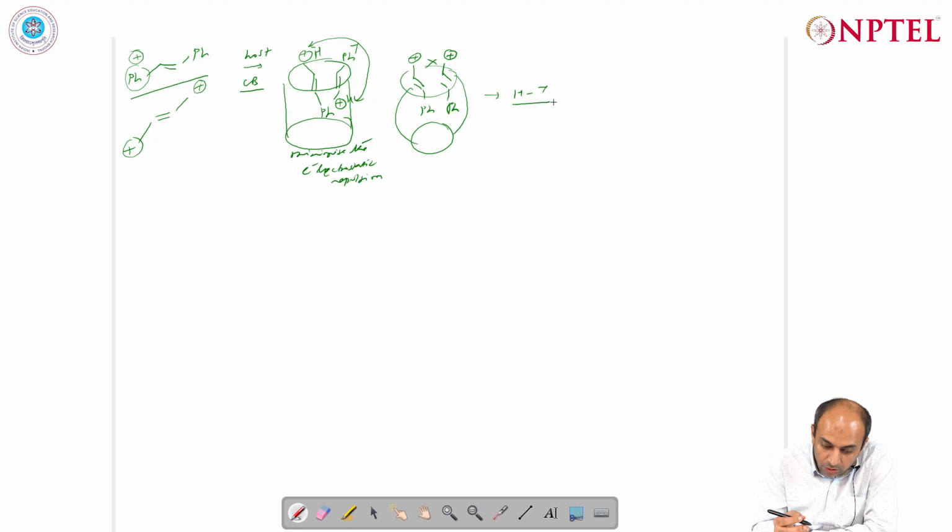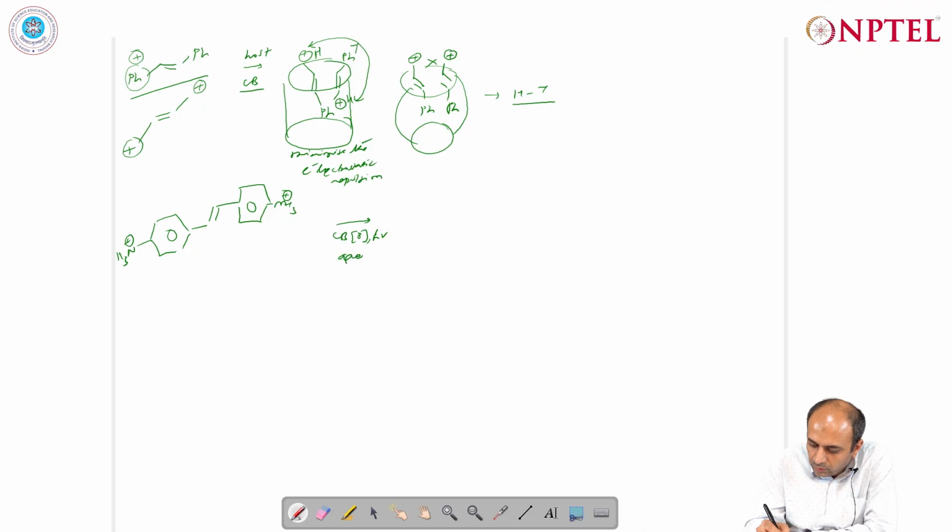And what if both the species are positively charged? Dimerization has also been achieved for systems where protonation happens at both sides. For example, we have this species with NH3 plus at both ends, and when we use cucurbituril and h nu in aqueous solution, we are able to achieve dimerization.